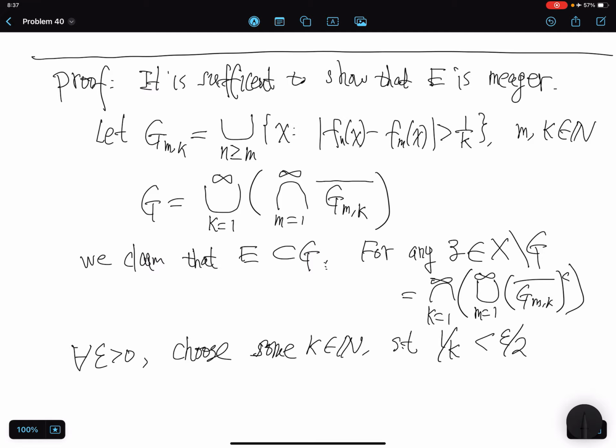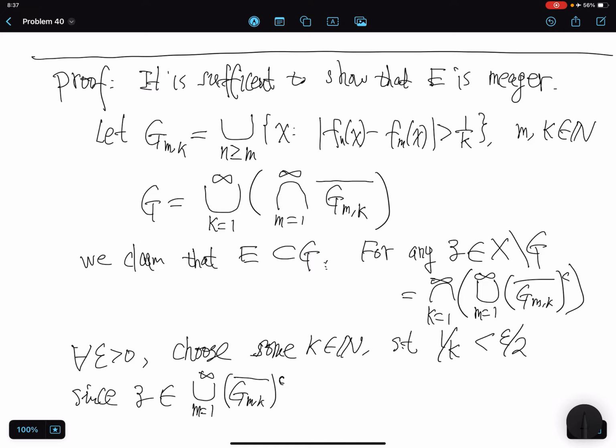And now, since this holds for any K, for this particular K, z must be in the complement of the closure of G sub M K, taken over the union of M from 1 to infinity.